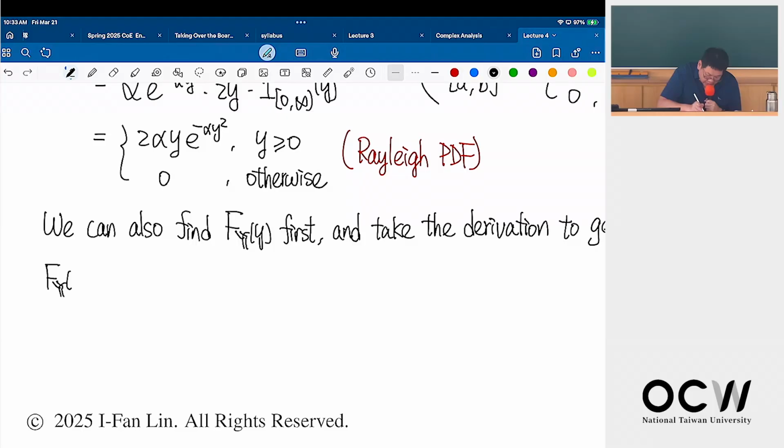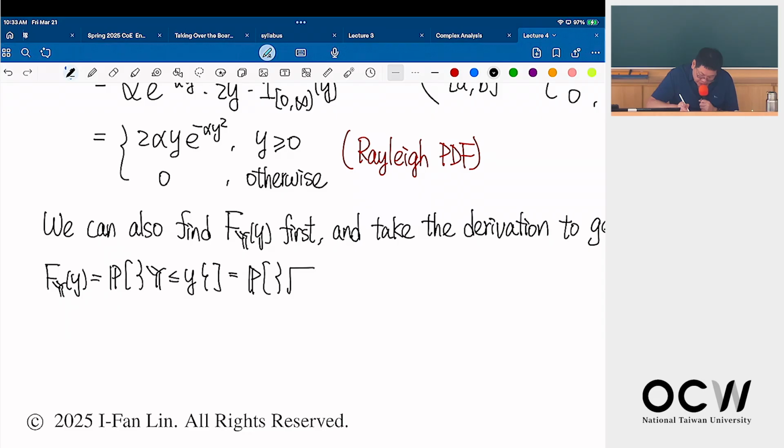So here's the CDF. What is the CDF? Again, by the definition, the CDF is the probability. So the CDF of y is the probability of your random variable y less than or equal to some point y. What is your random variable y? That's square root of x less than or equal to some point y.